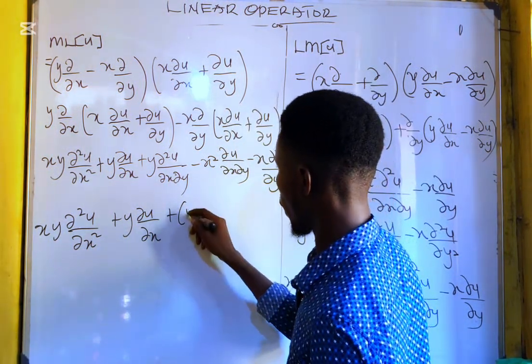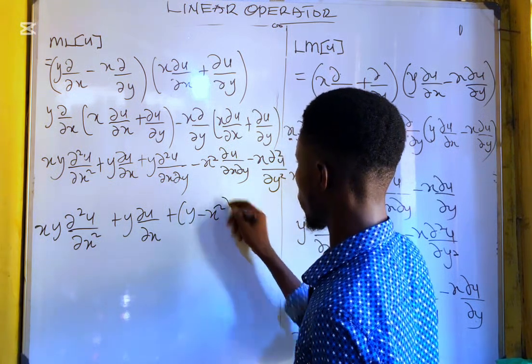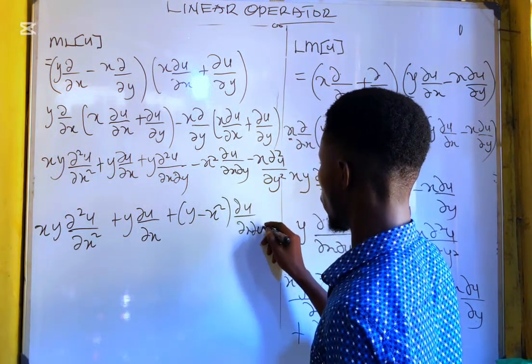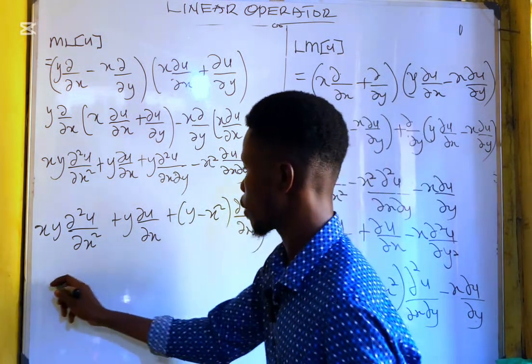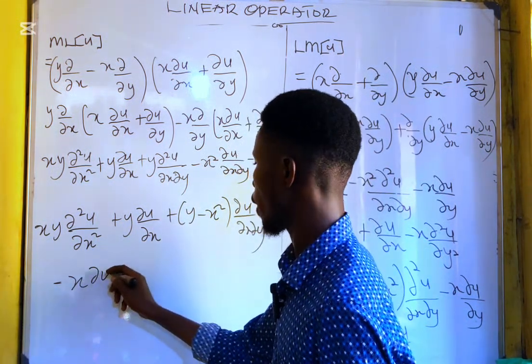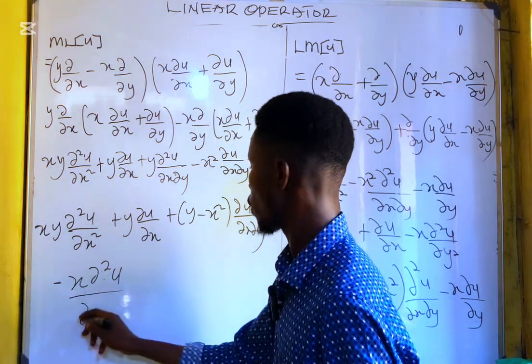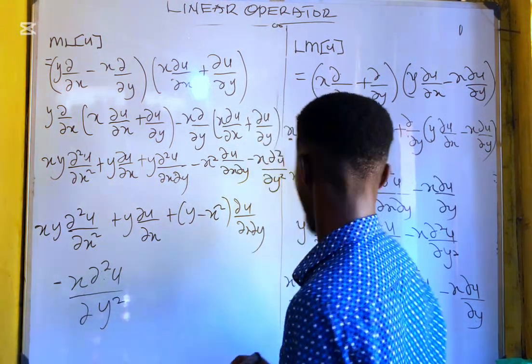So I write this as (y minus x squared) delta u over delta x delta y, then minus x delta squared u over delta y squared.